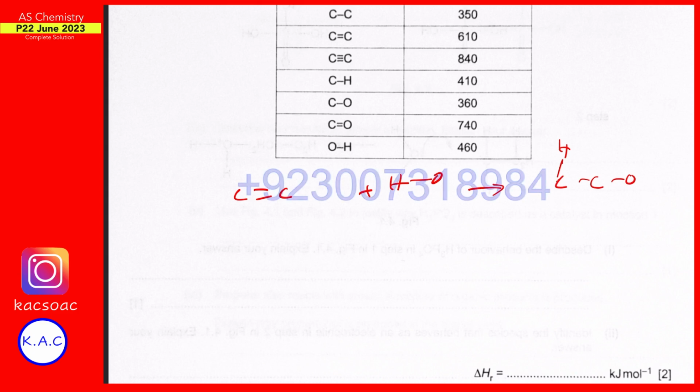C double bond C 610 plus OH bond, that is 460.